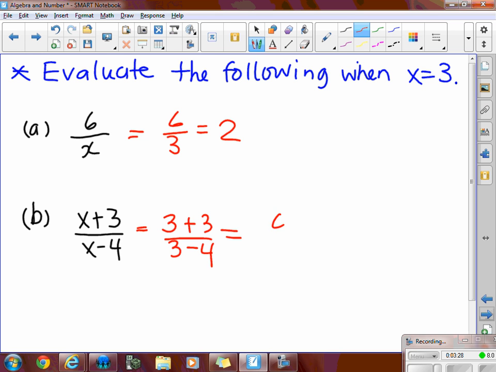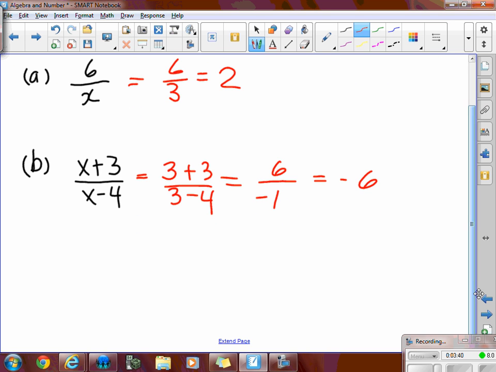So it's 6 over negative 1. We'd simplify this. What is that? Negative 6. Good.